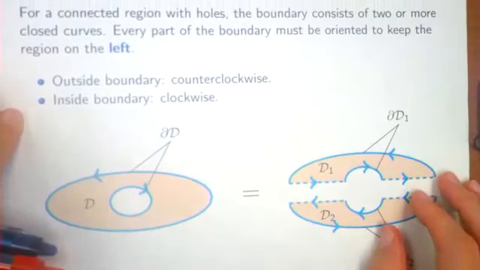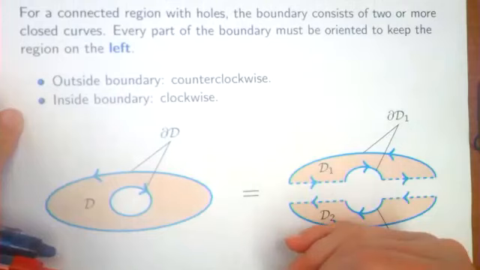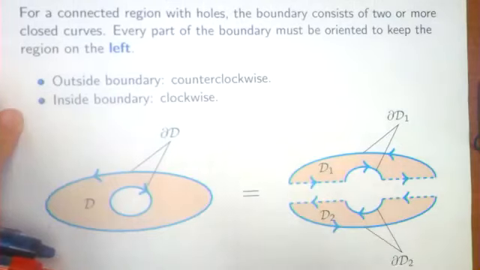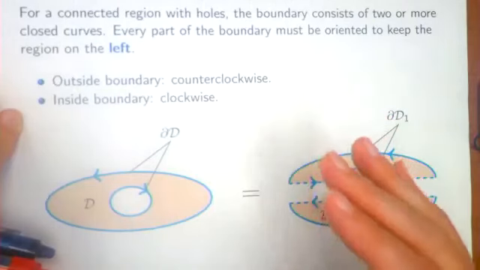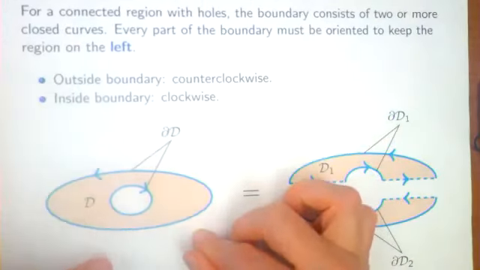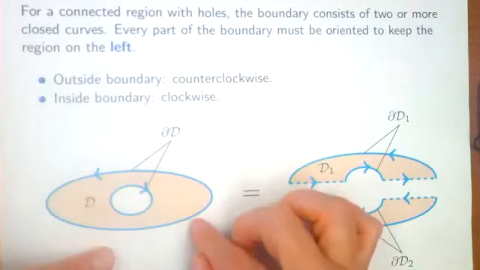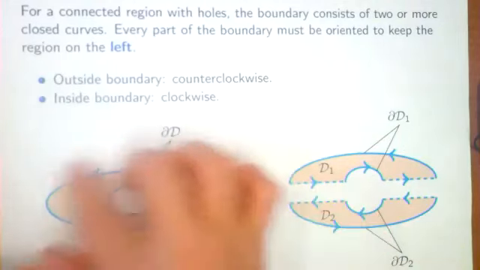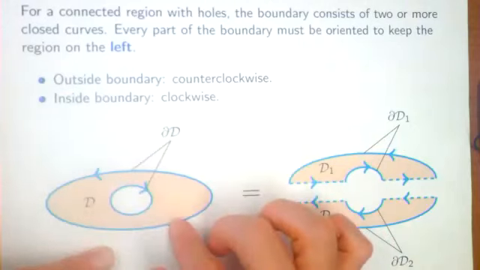So in this video, we're going to talk about connected regions with holes. If I have one hole in a region, then the boundary of that region will contain an outer boundary and an inner boundary.